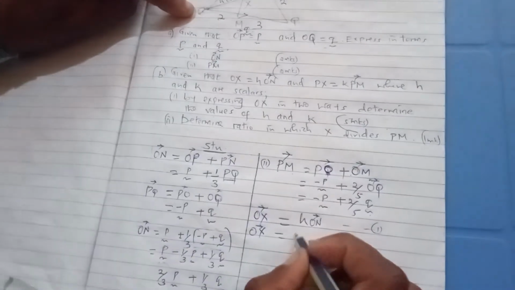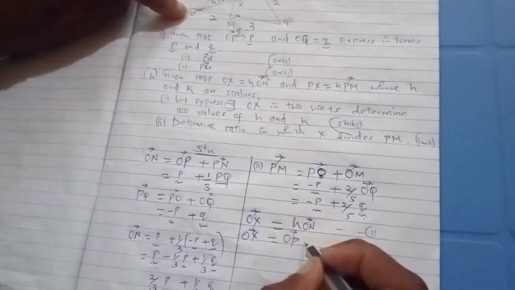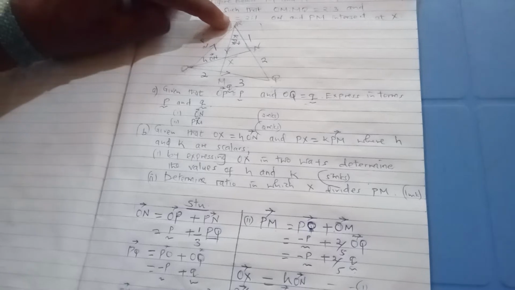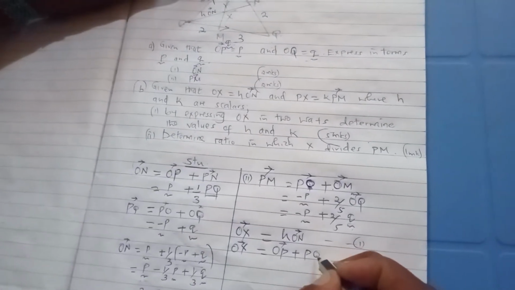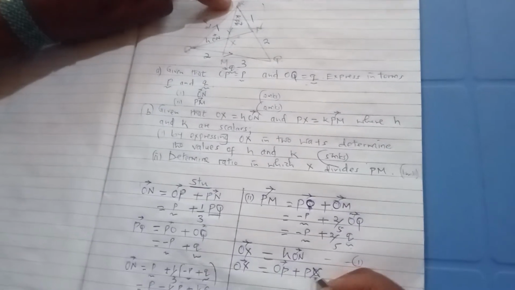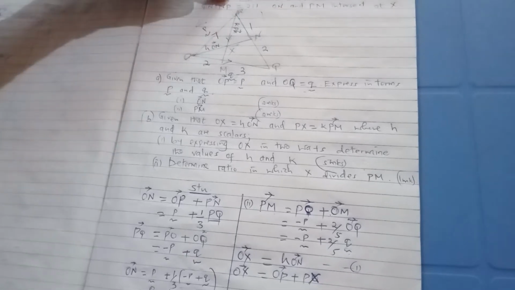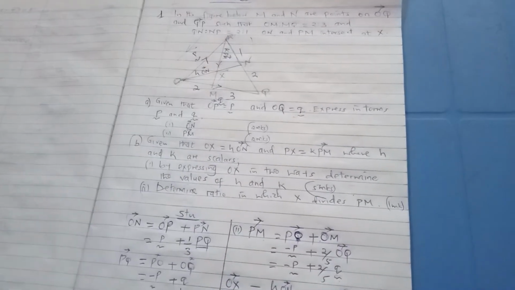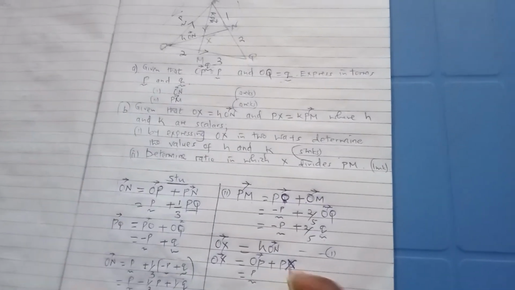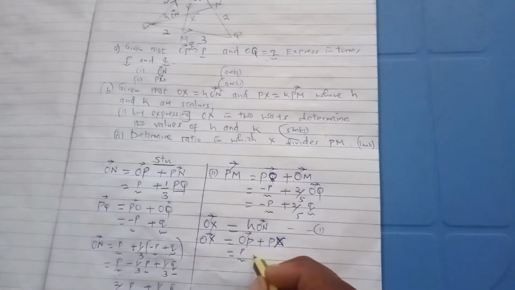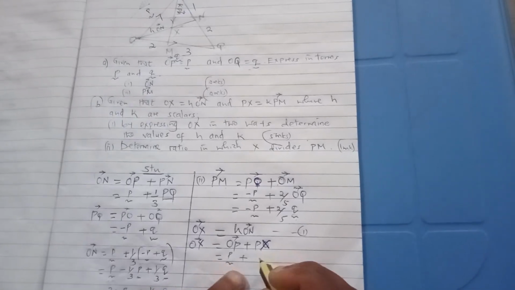I told you that you choose the one that will give you the answer easily. So one way that we can get through K is OX equals OP plus PX. We know that OP is P. PX, we are told that it is K PM.